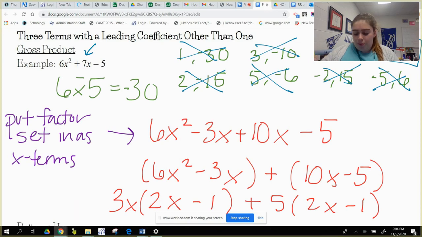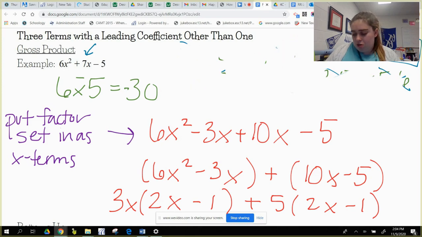So what we're going to do now is called grouping. We're going to group what we have left. That 2x minus 1, we're just going to have that once. Let me make some room. I'm going to erase these top factors right here, and I'm going to keep my work going up here at the top. First we're going to have that 2x minus 1.